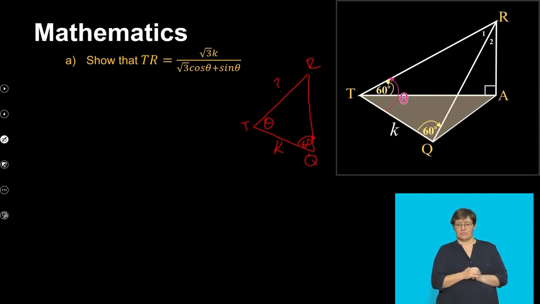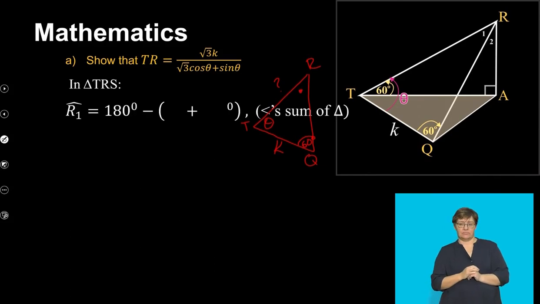We're going to be using sine rule because we don't have enough information to use cos rule. But to use sine rule, we will need to find this angle first. So let's begin there.